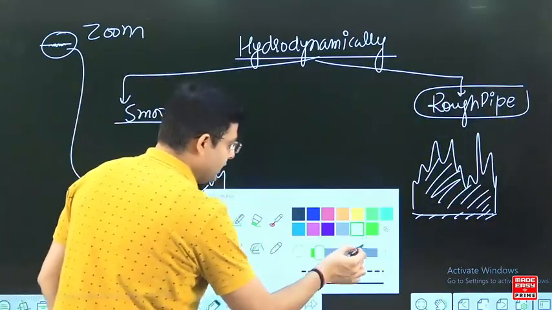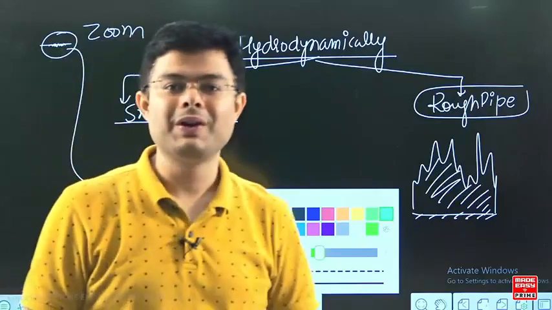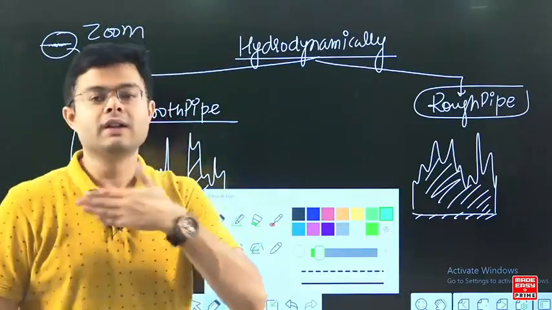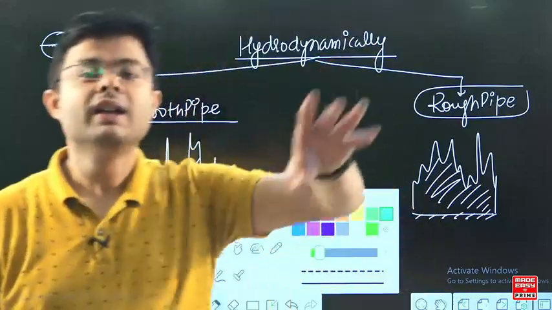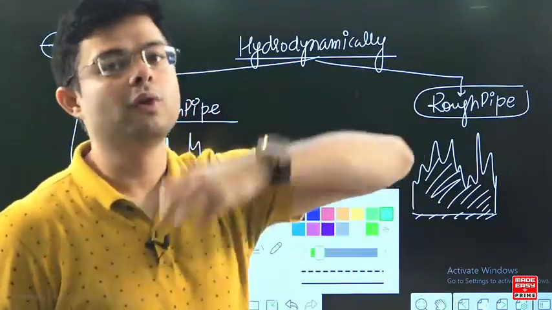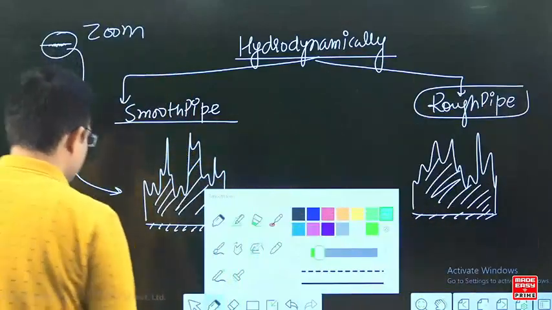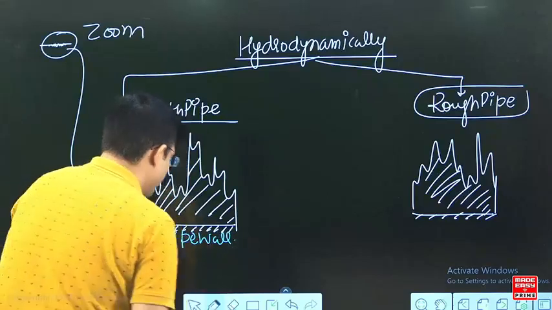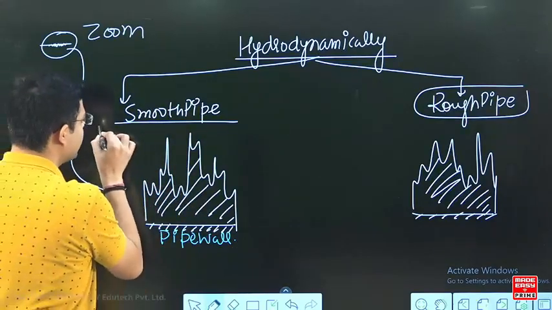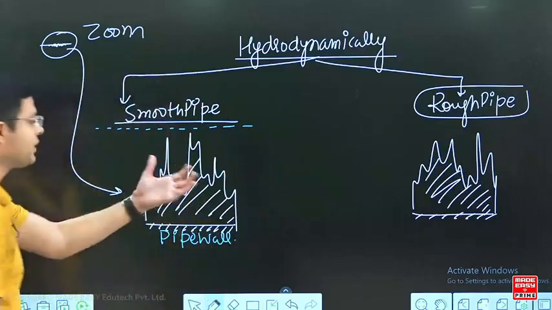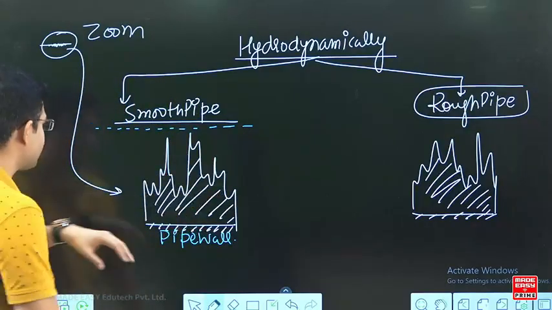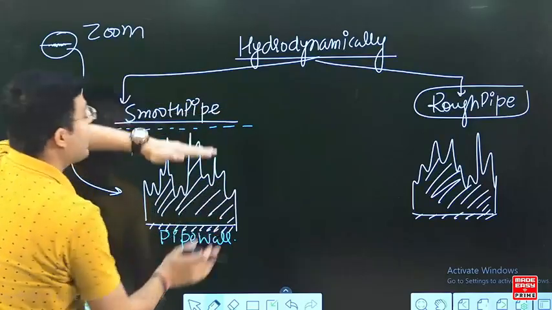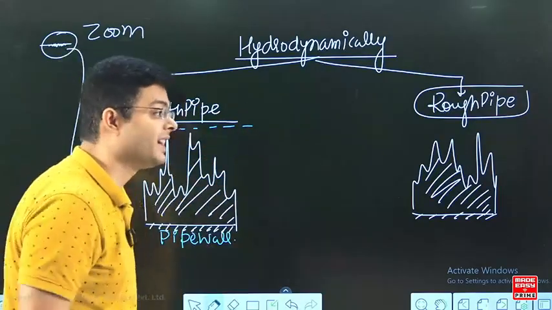Now listen carefully. If you are talking about turbulent flow, everybody knows that near the pipe wall in turbulent flow, the flow is always laminar. For example, if this is your pipe wall, near this pipe wall there is going to be a certain height up to which the flow is laminar, and that layer is known as laminar sublayer.